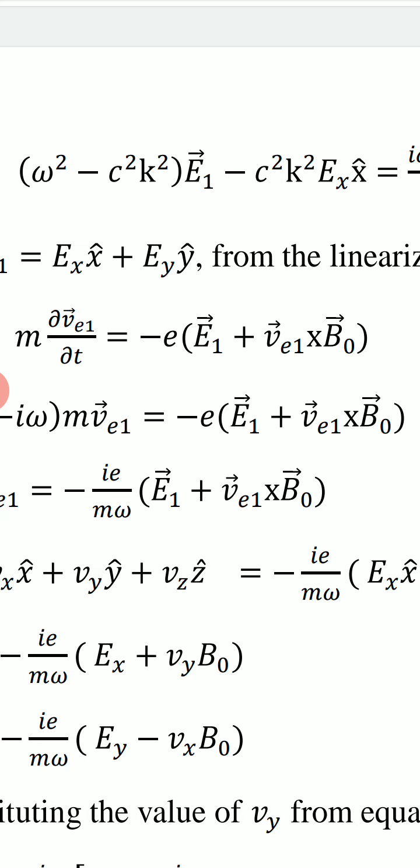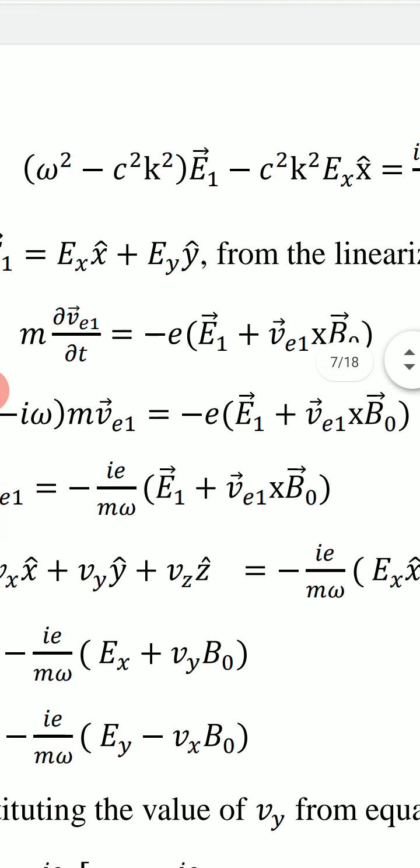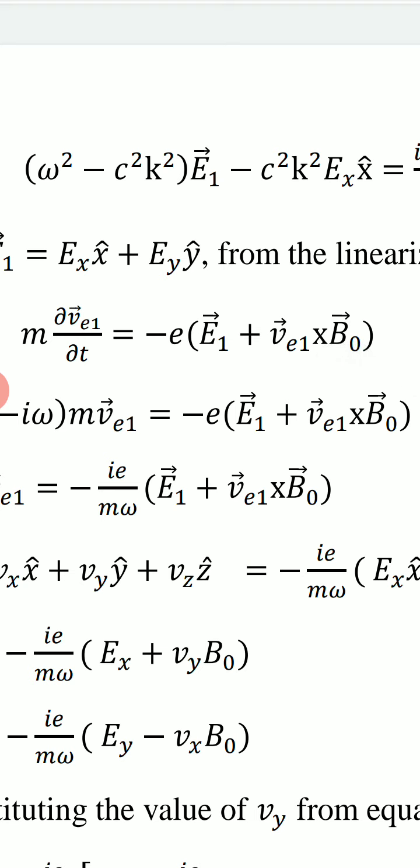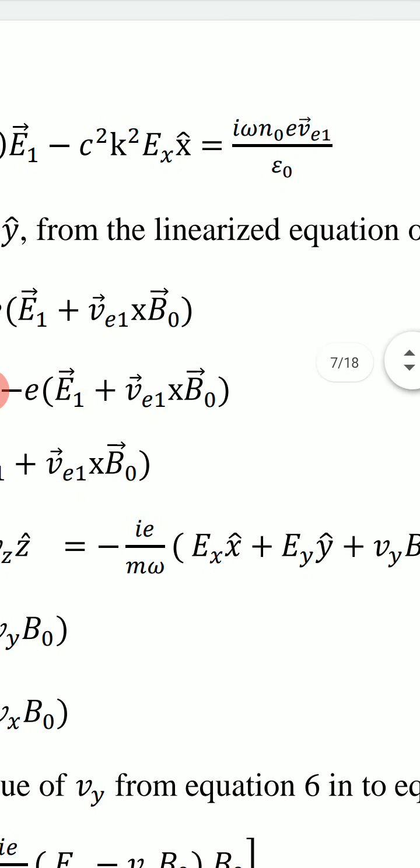So if we separate the x components, we find in the left hand side only omega square Ex, which is the first term. The second and third terms are cancelled out. And in the right hand side we have i omega n0 e upon epsilon 0, and the x component of VE1 is Vx.